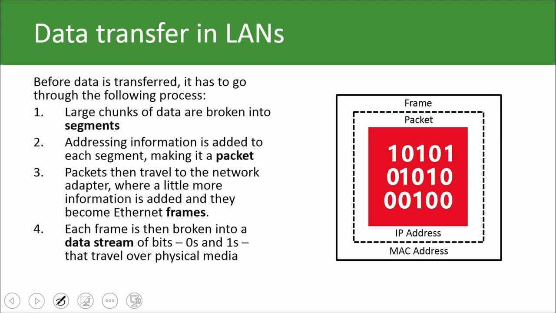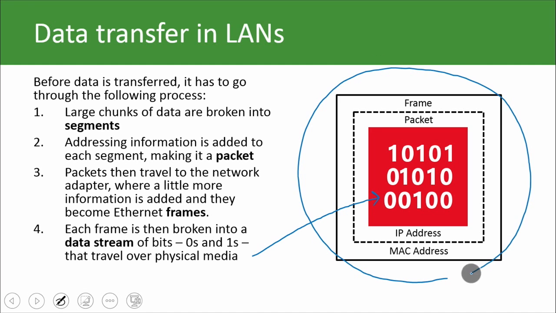And then each frame is broken into the bits that we see on the screen. This visual might be a little confusing, but just know that data is ultimately going to be represented in bits before it's transmitted across a network. So this whole thing ends up taking this form right here, and then it's transferred over a physical medium in binary.